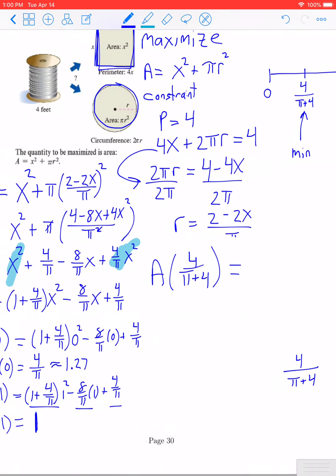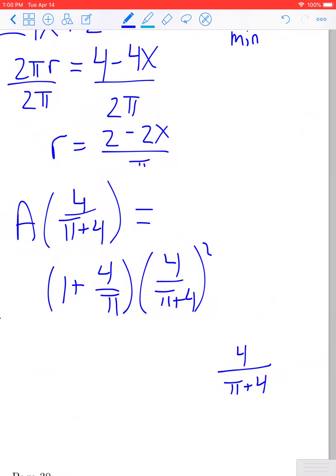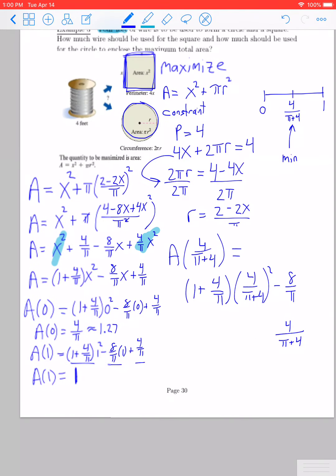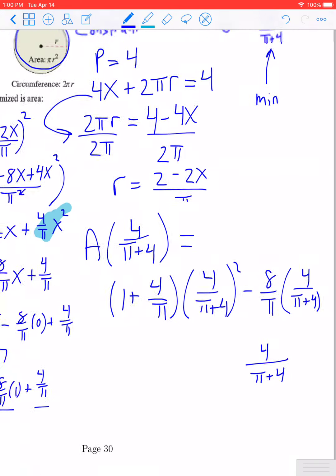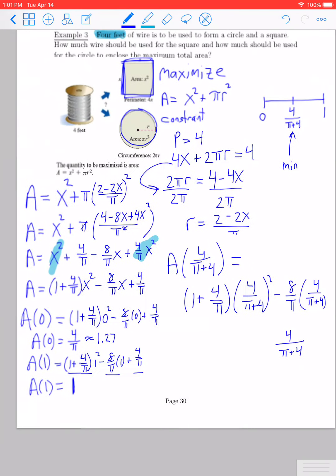Well, this would have been equal to 1 plus 4 over pi times 4 over pi plus 4 squared minus 8 over pi times x, and then plus 4 over pi.